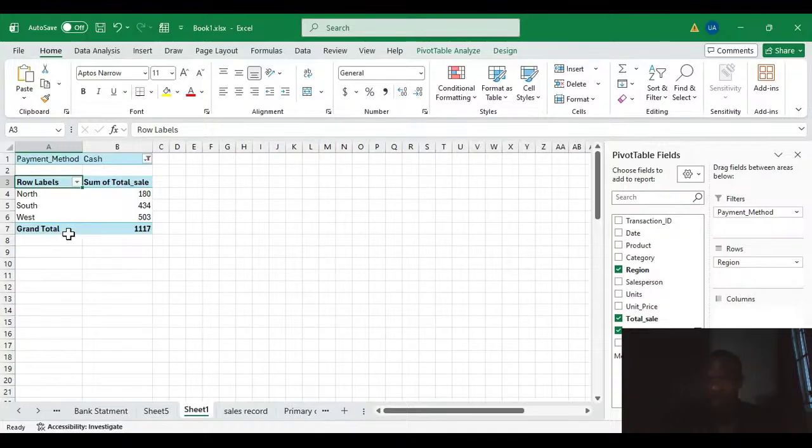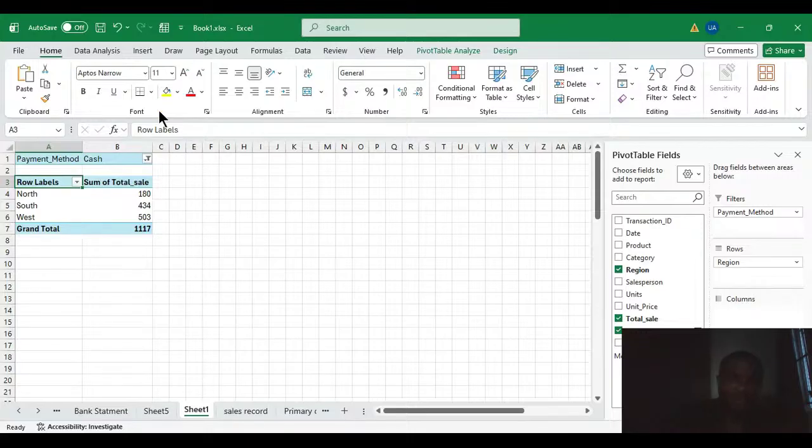So right now we can start making sense of what we have in payment method. So it means that if we are looking at our data, we would prioritize the west region when it comes to cash sales. If we are considering cash sales, the west region will be prioritized.